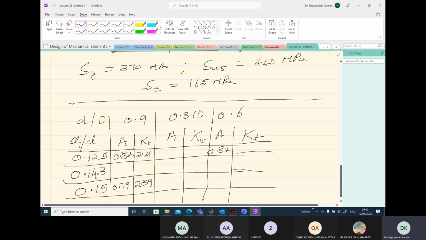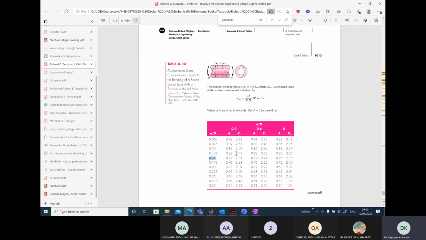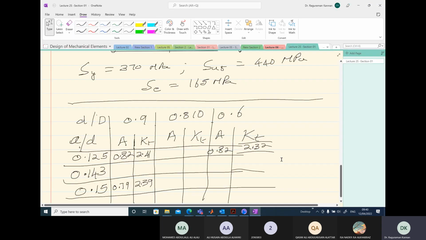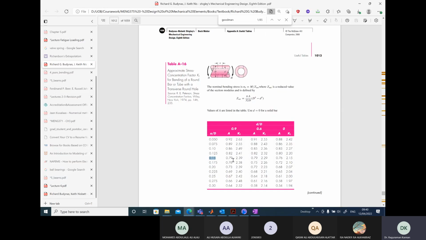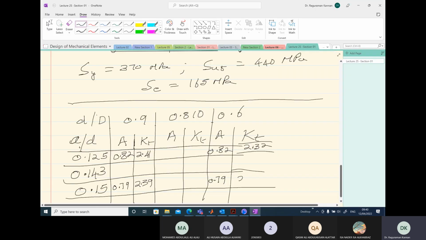And here we have 0.79 and 2.29. So we need to find both these A and KT values for the given problem.